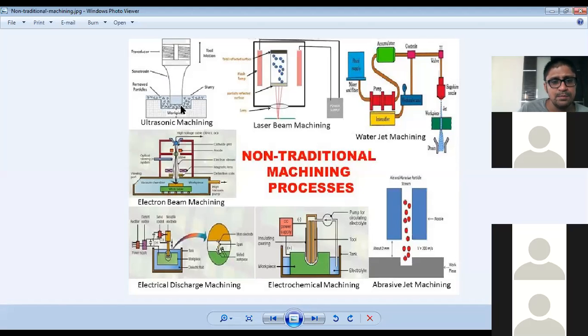Whatever the area of the probe in contact with the workpiece, that is what can be machined at that time. So that is the limitation. It may require more time for machining a larger area.